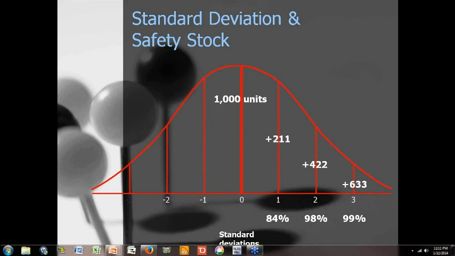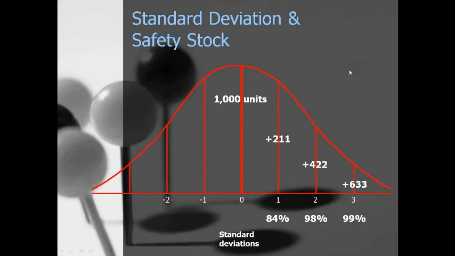Now, if management has said that they want a 95% on-time ship from stock, well, we can take standard deviation, that 211, we can figure out there's a whole table, a mathematical table that shows if you want 95% accuracy or 95% coverage under this bell curve, you need about 1.8, 1.9 standard deviations.